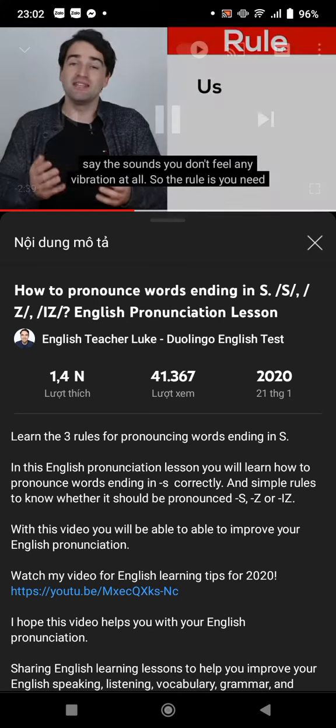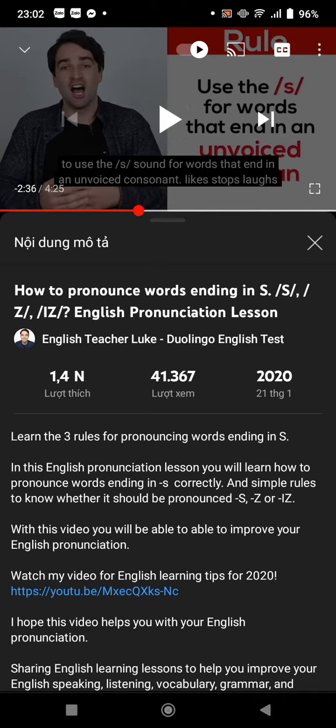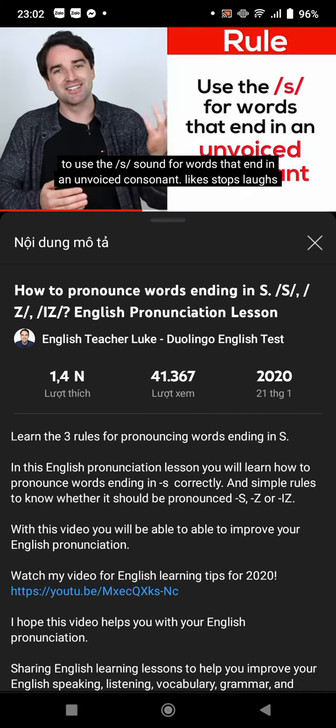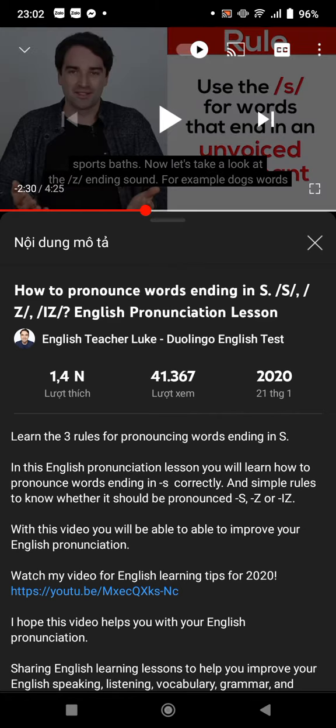So the rule is you need to use the S sound for words that end in an unvoiced consonant. Likes, stops, laughs, sports, baths.